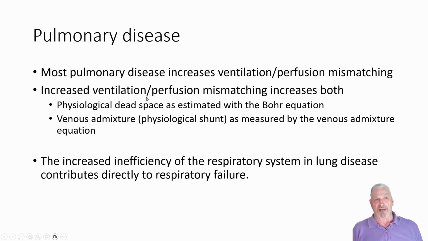And that increase in ventilation perfusion mismatching causes both an increase in physiological dead space, as would be measured by the Bohr equation, and physiological shunt, or venous admixture, as would be measured by the venous admixture equation. And these inefficiencies in airflow and blood flow are really what causes ventilation perfusion mismatching to contribute to the deoxygenation that we see in respiratory failure during lung disease.